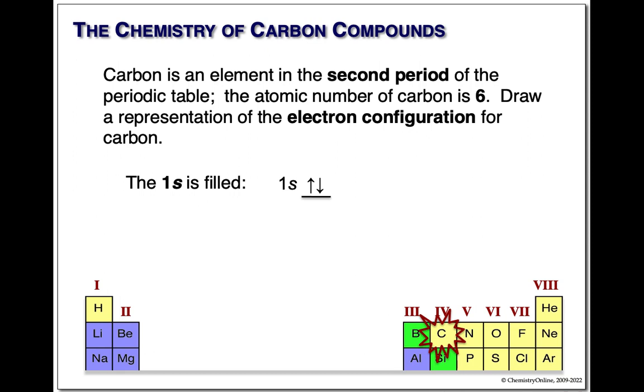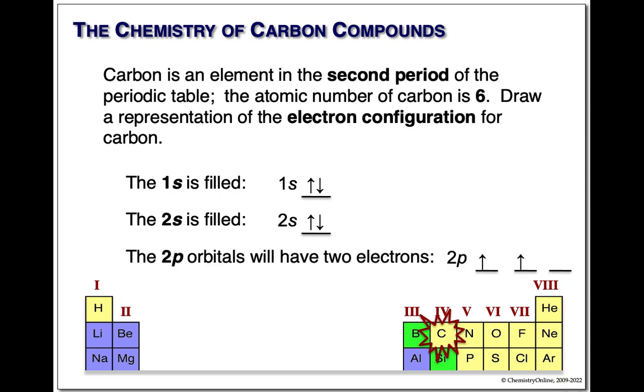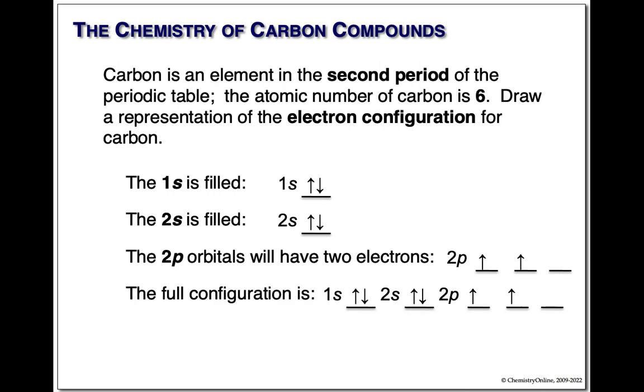We have filled the 2s energy level here, and we have 2 electrons in p orbitals. Putting it all together, we have 1s2, 2s2, and 2p2. Now the point of this is to try to reconcile this electron configuration with the fact that we form 4 bonds.